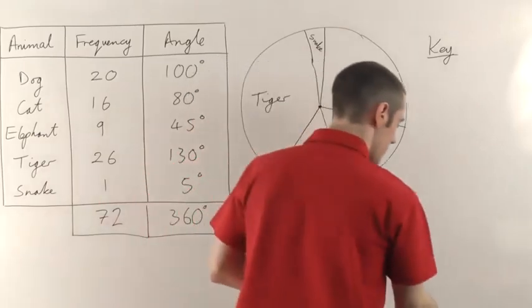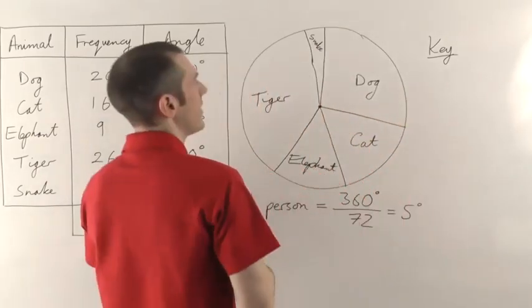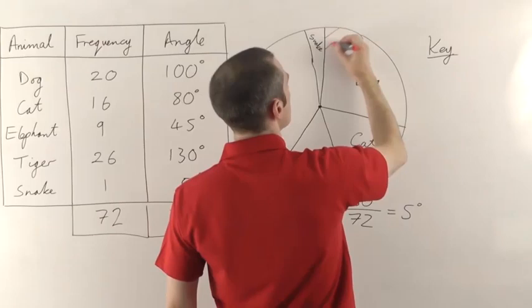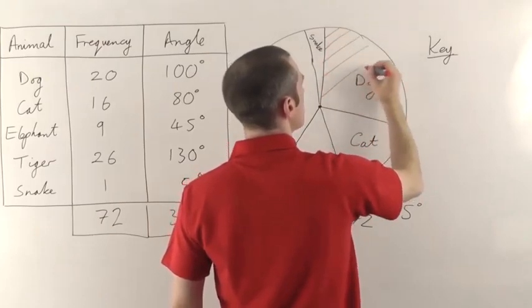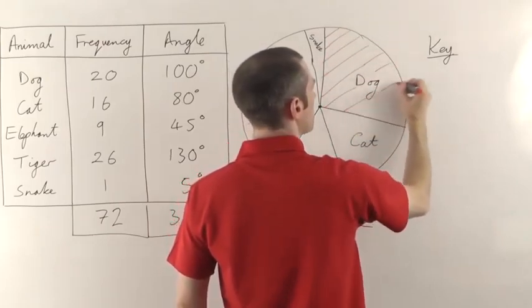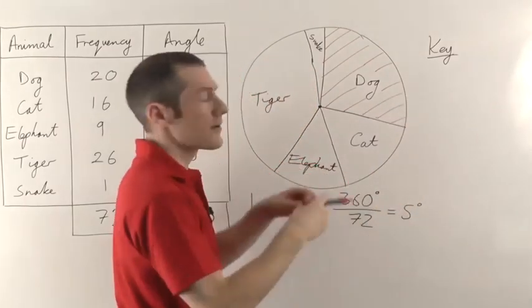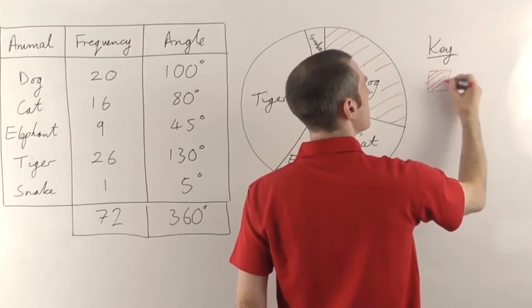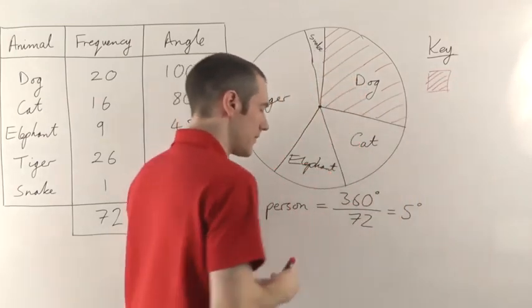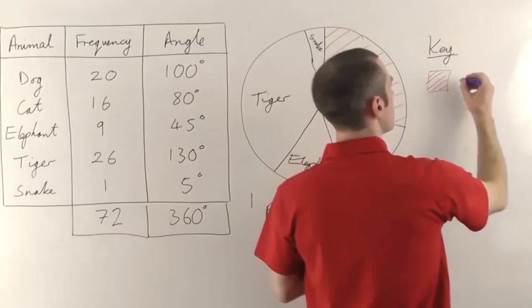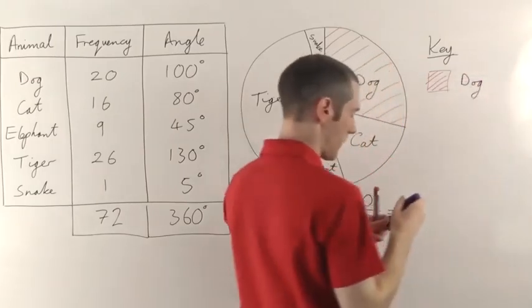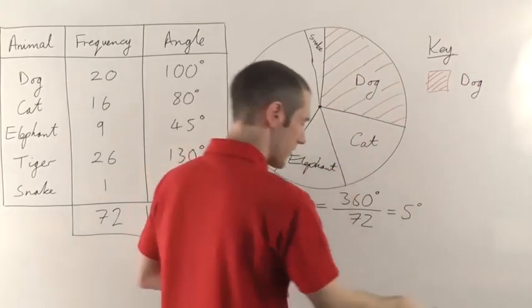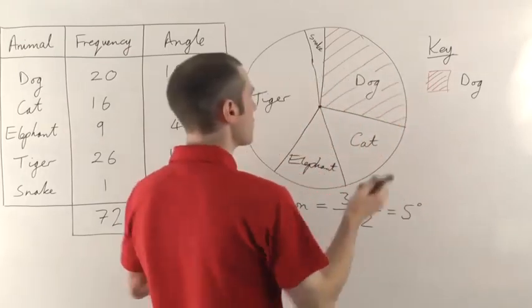So if we pick some colours here, so if I say that the dog is going to be red, I could colour that in red. Like so. And then I would do a little red box here at the side. And then you write next to that, dog. And then you do the same thing for the cat. So maybe the cat's going to be blue.